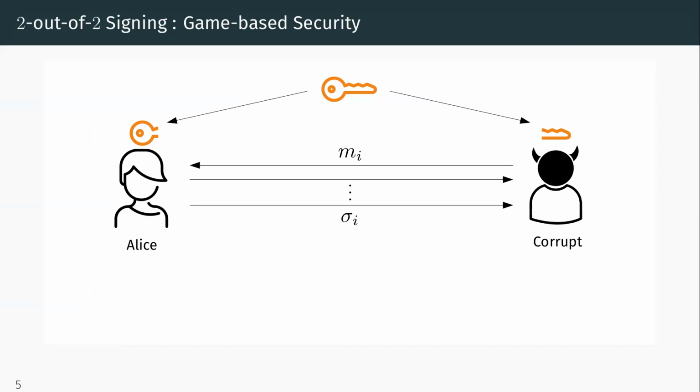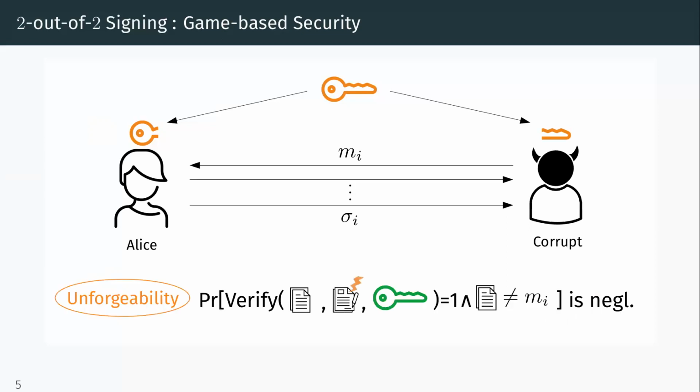Then after some sign queries, the adversary outputs a forgery. The unforgeability requirement is that the probability that the forgery verifies with the corresponding public key is negligible, where the forgery includes a message that is different from any queried message. So that's the game-based security notion.